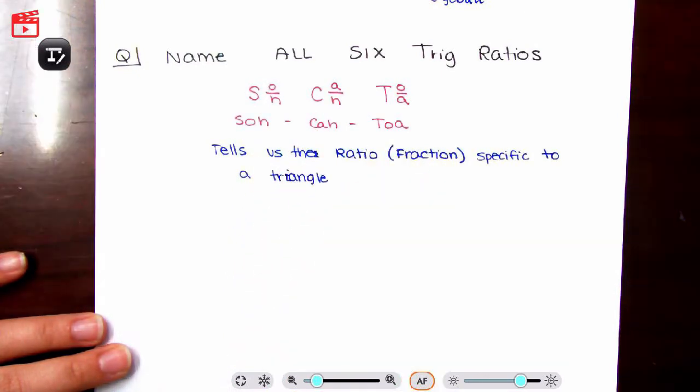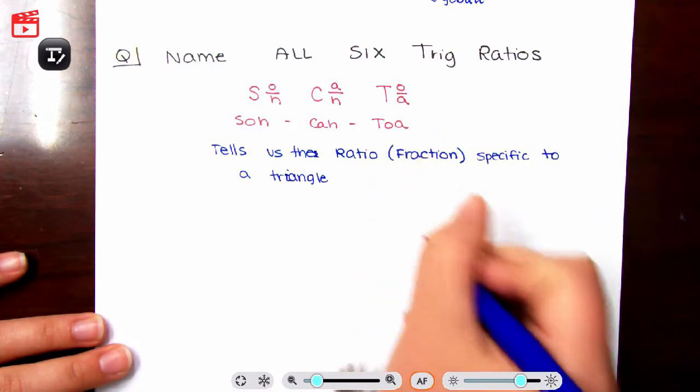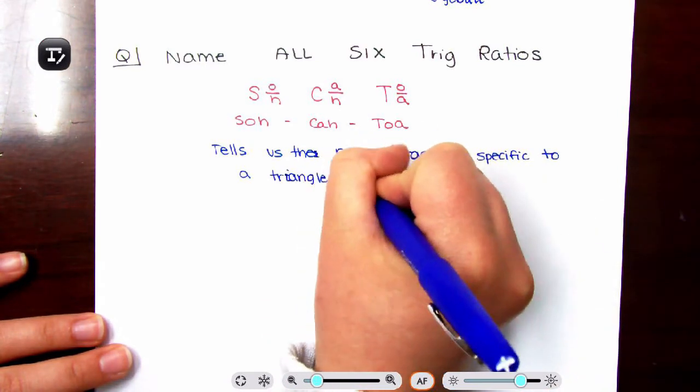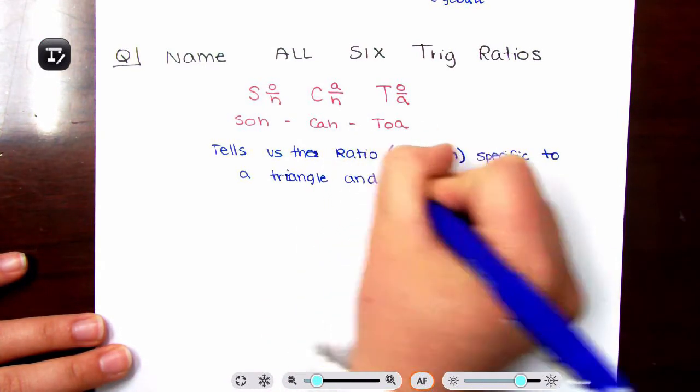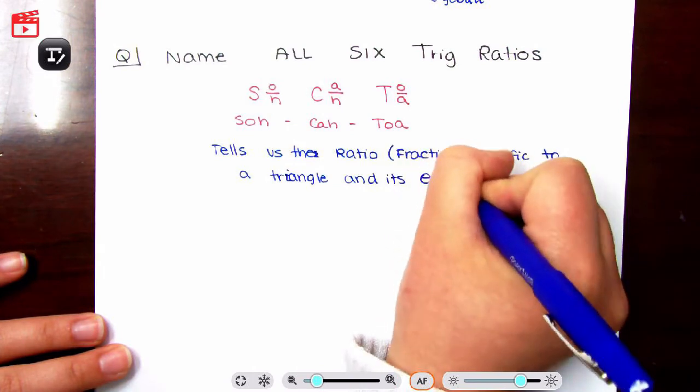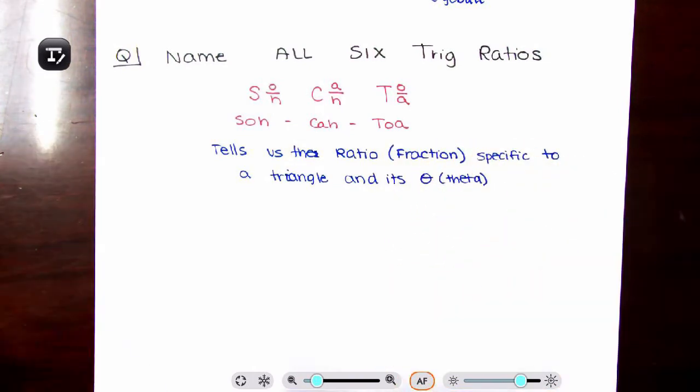And we can even say it's unique to a special triangle, and it's theta. So if I tell you that the sine of theta is 3/5, 3 means something, 5 means something. That is very specific to a specific triangle and where that eyeball is in that triangle.